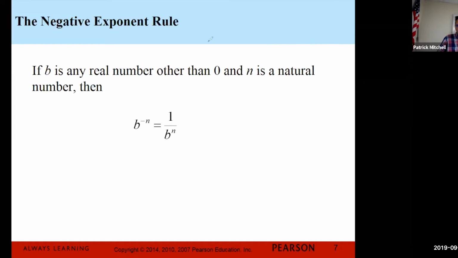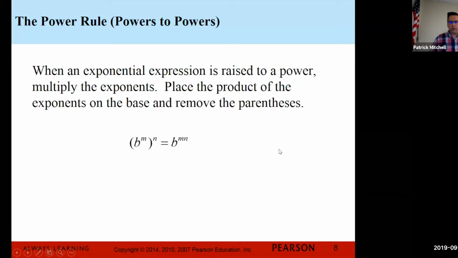All right. Next we have the power rule for a power to a power. All right, when you raise a power to a power, you multiply the exponents. So if you had x to the second here, and then that was to the power 3, that means 3 copies of x to the second.